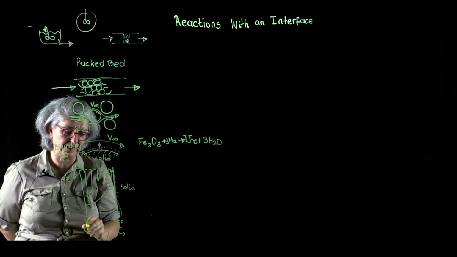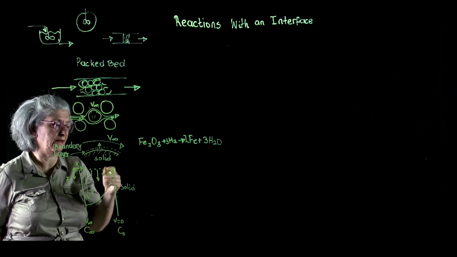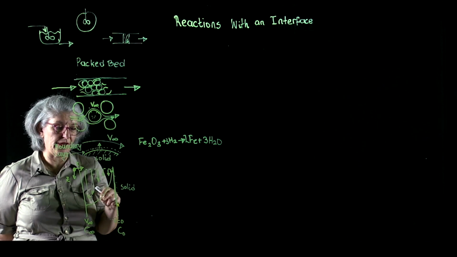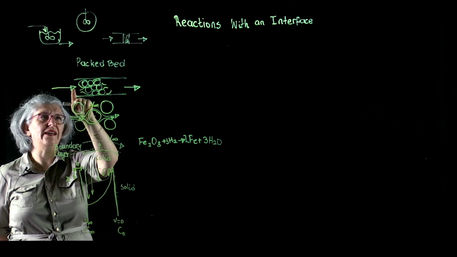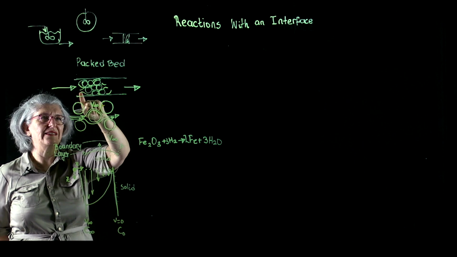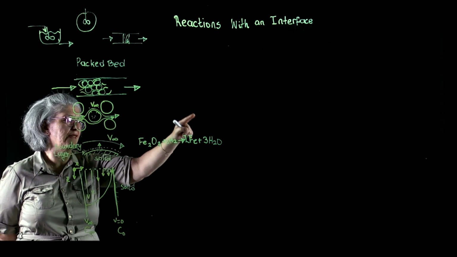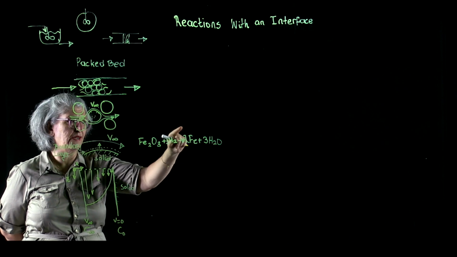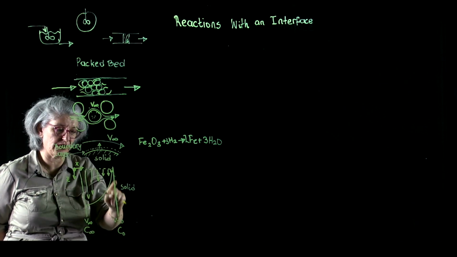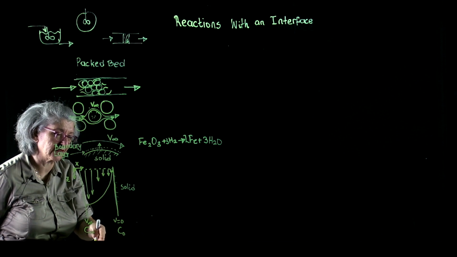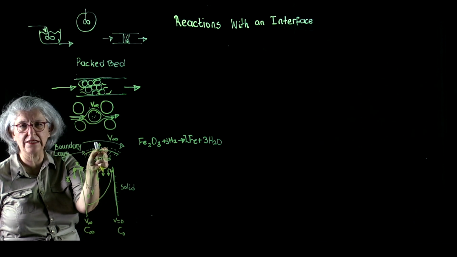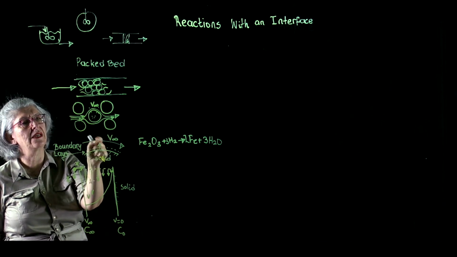C infinity is dictated by the gas law, the pressure, temperature, but also we know that as we move along the reactor, our gas will start having some water vapor and will lose some of its hydrogen due to the reaction. So the concentration will change as we move along the length of the reactor, but this is not the length of the reactor. This is this small incremental dimension on our sphere.